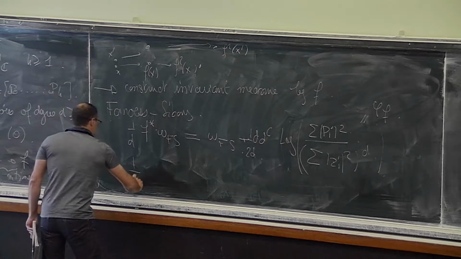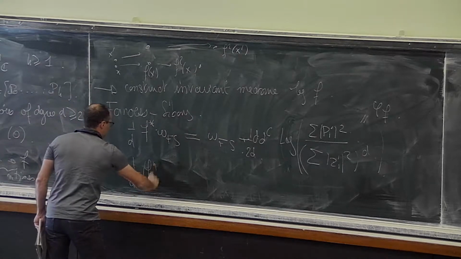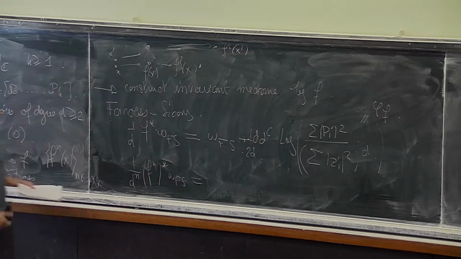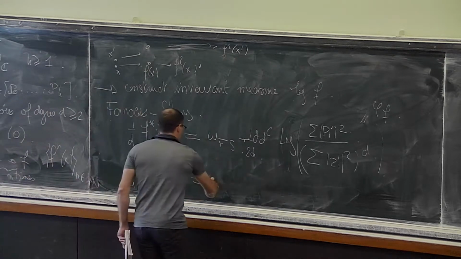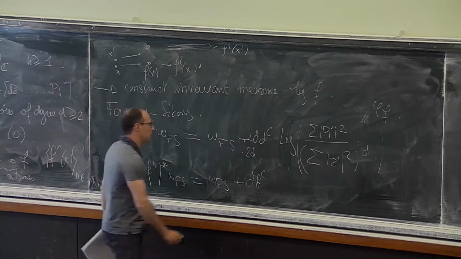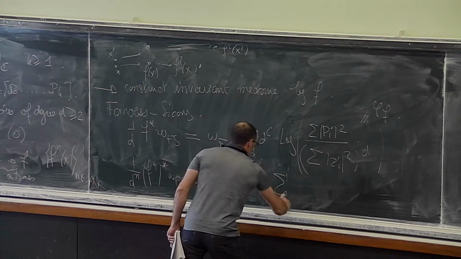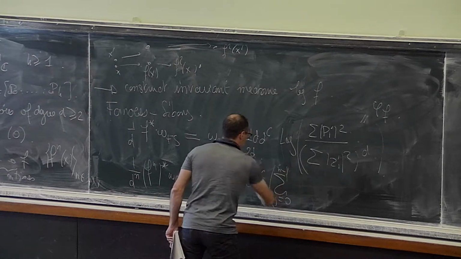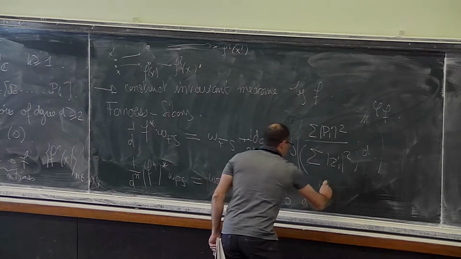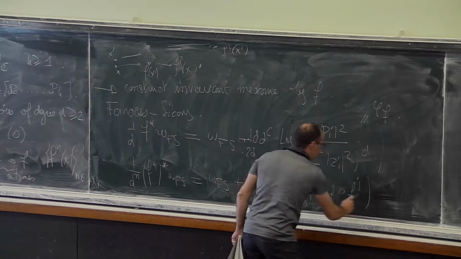So iterating this equation, if you pull it back by f^n, you get a sequence of smooth (1,1) forms, equal to ω plus dd^c of some series: the sum from j equal to 0 to n minus 1 of 1 over d to the j, φ_f composed with f^j.